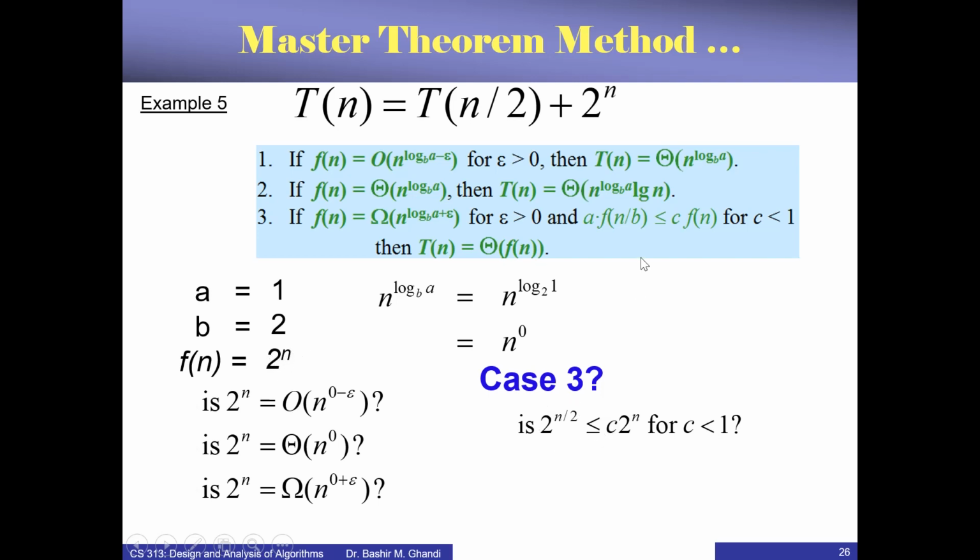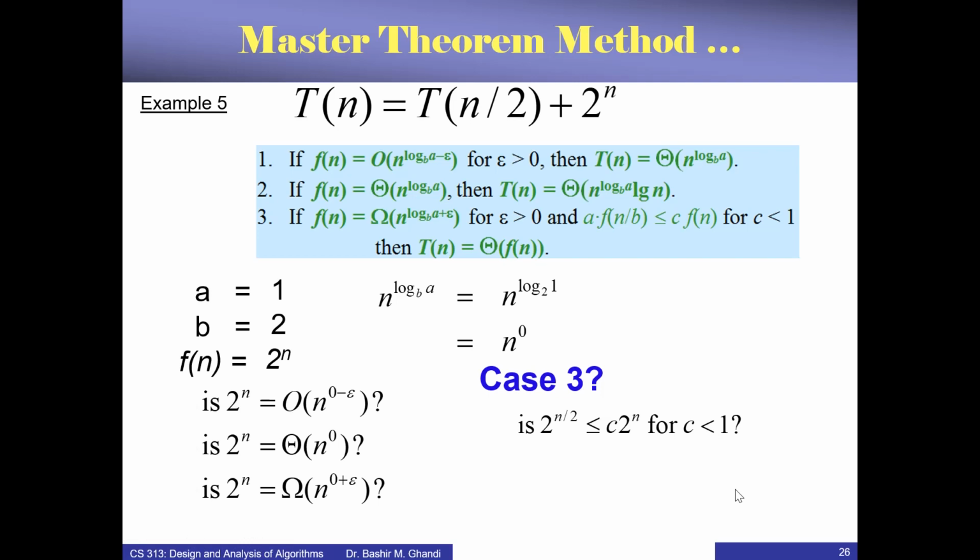So this is what we have on the left side of this inequality. We are supposed to find some constant c less than 1 for which the result is also less than or equal to f(n). Well, f(n) is 2 to power n. Okay, so the question is, can we find a c that is less than 1? And remember, c also has to be positive, so it's basically saying between 0 and 1. Okay, for which this inequality is true.